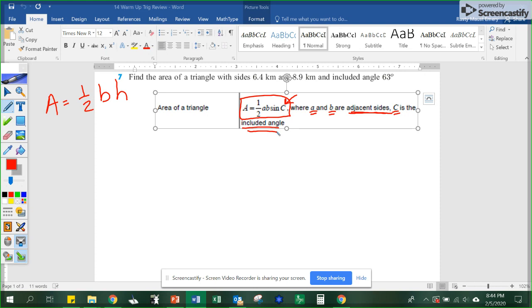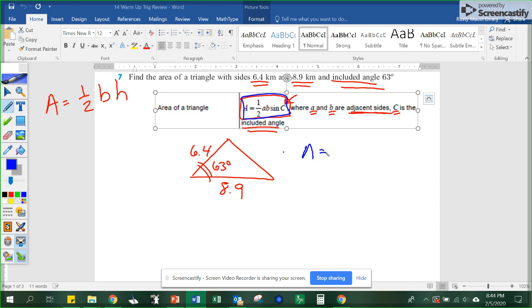So if I was going to sketch this triangle with the information I'm given, it says two sides are 6.4 and 8.9, and the included angle is right here, 63 degrees. So with this formula, this is saying the area of this triangle is equal to 1/2 times 6.4 times 8.9 times the sine of the included angle, which is 63.